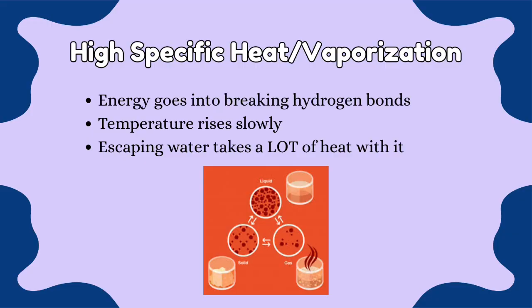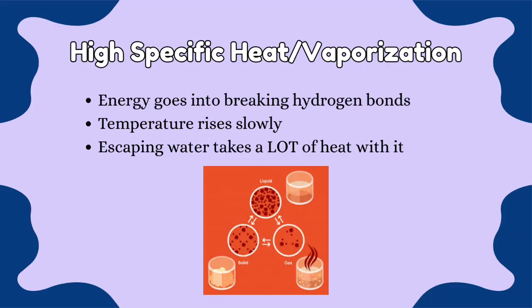So normally what happens is that you're increasing the kinetic energy, right? So you're increasing the motion of a substance. However, because the energy needs to break these hydrogen bonds, it's not increasing the overall kinetic energy. So the temperature rises slower, which is why it's harder for water to heat up.